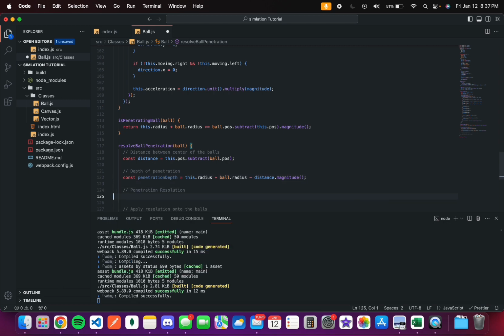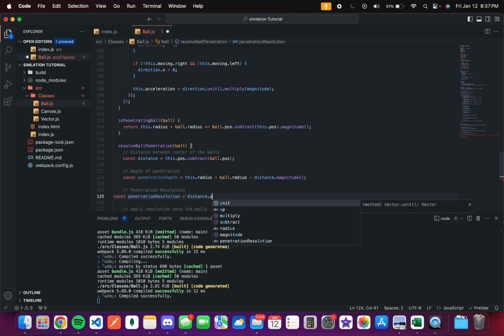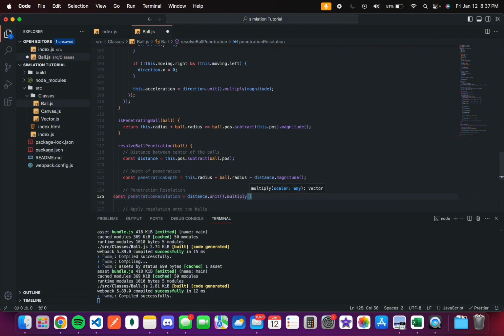Then the penetration resolution goes in the same direction as the distance and is equal in magnitude to the penetration depth divided by 2.